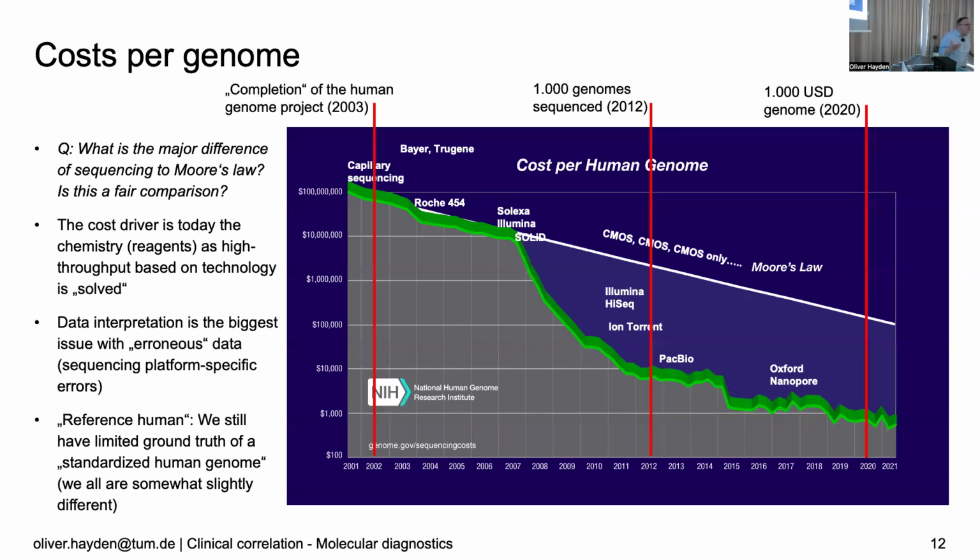Now that's a very famous figure. And since we are mostly electrical engineers, I have to raise my voice here. People said sequencing has been outperforming even Moore's law. So what is Moore's law? Remember that? Who is an electrical engineer? He has to disclose himself now. What is Moore's law?